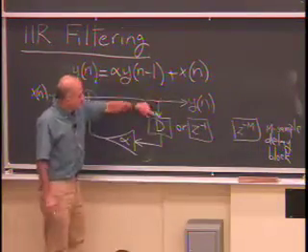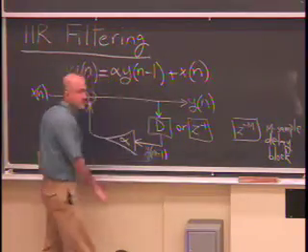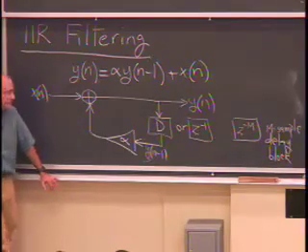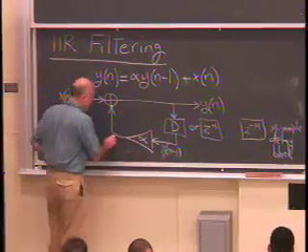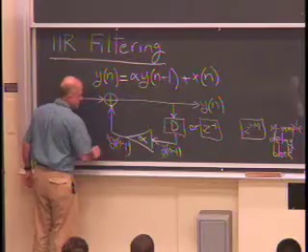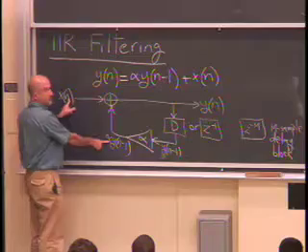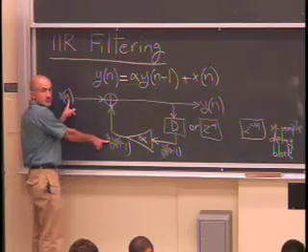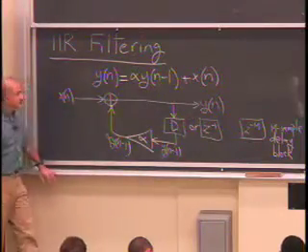So here y of n goes into this delay block. And the output of that is y of n minus 1. It's essentially a one sample storage element. This is a multiplicative box. So what's out here is alpha times the delayed version of y. And that gets added to the input at sample n. And that's what produces the output at sample n.